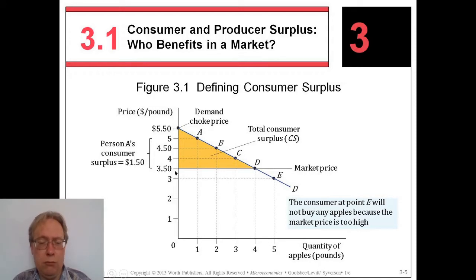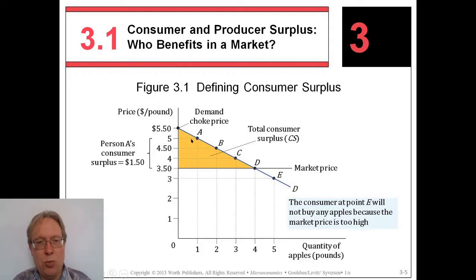The answer being, well, she will be pretty happy, right? How happy? Well, arguably she will be $2 happy, right? In the sense that she was willing to pay $5.50, but she only has to pay $3.50. So at the end of the day, she actually has a benefit of the difference between the two being 2, right?